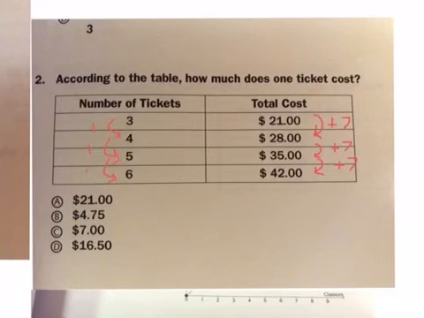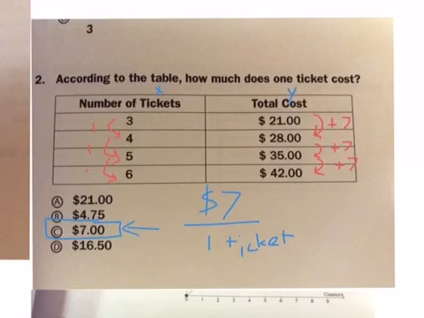This is going to be the y side, this is the x side. So the change in y, that's $7. The change in x, that's 1 ticket. So this is definitely $7 per ticket. The reason it doesn't say per ticket right here is because it says how much does 1 ticket cost. So it's assuming it's per ticket.